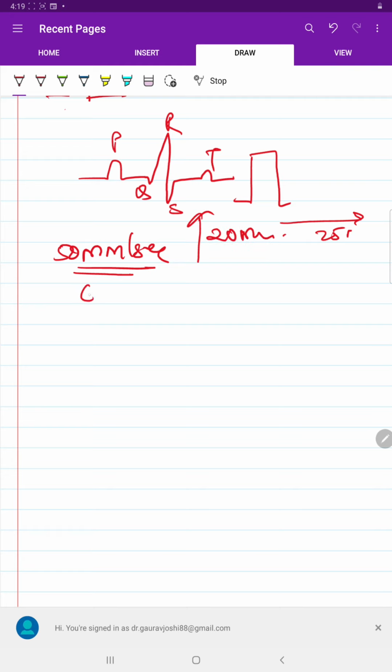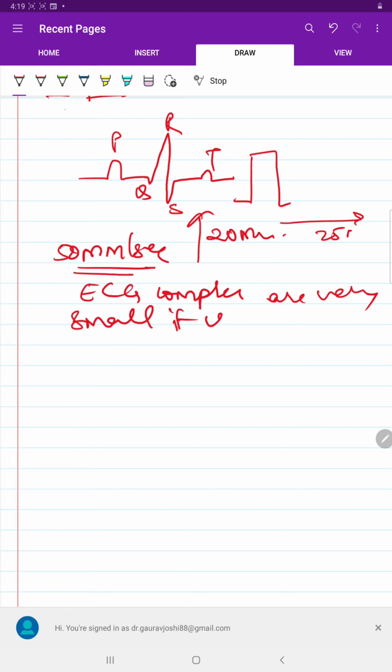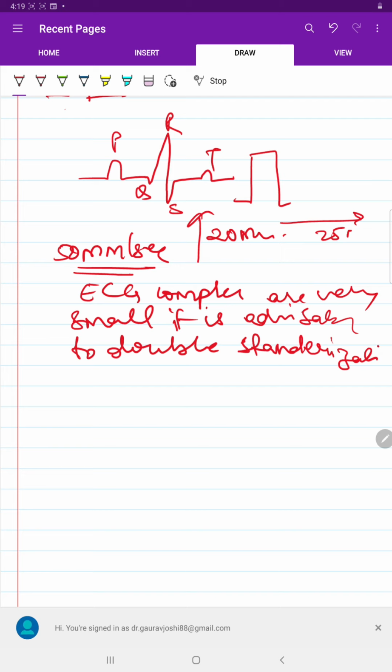In conditions where ECG complexes are very small, it is advisable to double the standardization to study the Q wave. In the other way, the cardiologist can ask to reduce the standardization from 20.